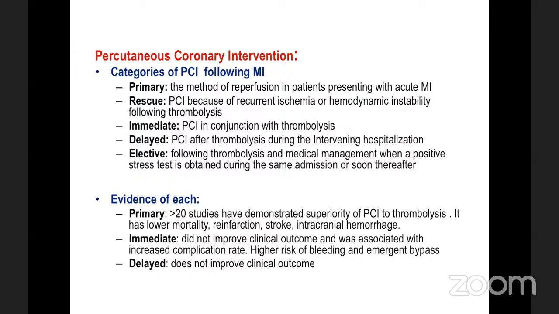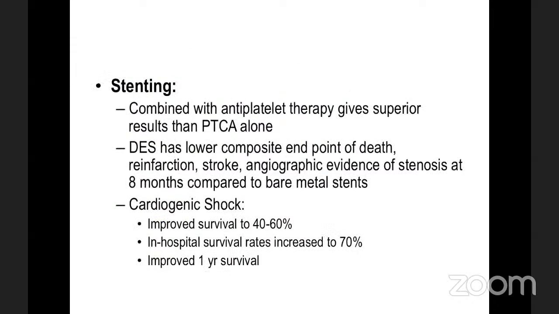In case of delayed PCI, it doesn't improve the clinical outcome. So the stent combined with antiplatelet therapy gives superior results than balloon alone. Drug-eluting stents have a lower composite endpoint of death, reinfarction, stroke, or angiographic evidence of stenosis.